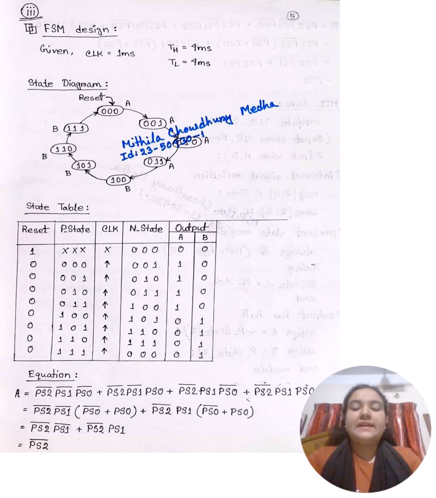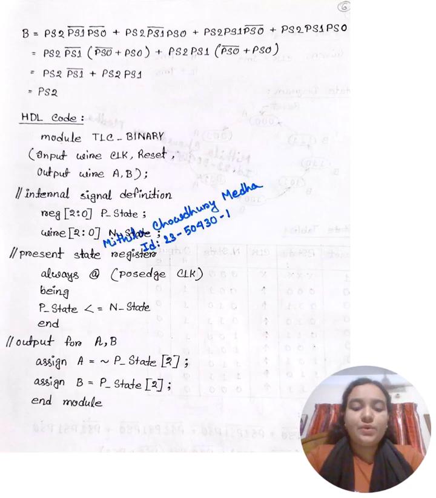The FSM cycles through these states repeatedly. I included a state diagram, state table, equations for outputs and Verilog HDL code for outputs A and B. The FSM ensures accurate control of the blinking display.